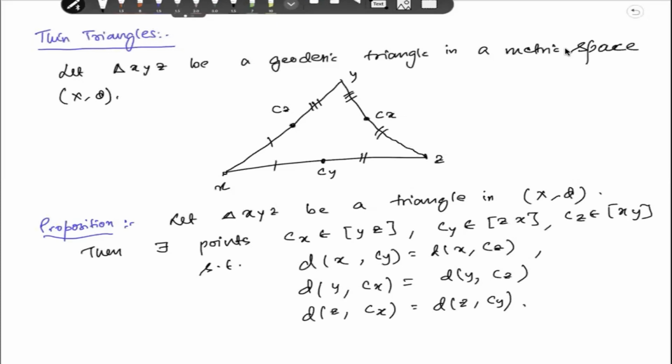So why do such points exist? What is the proof of this?